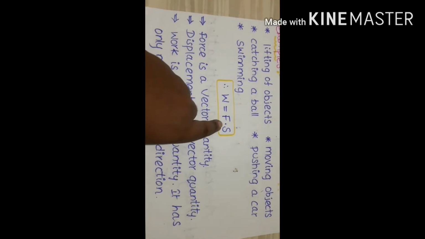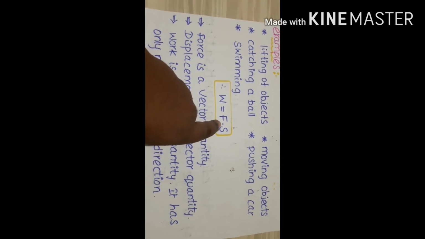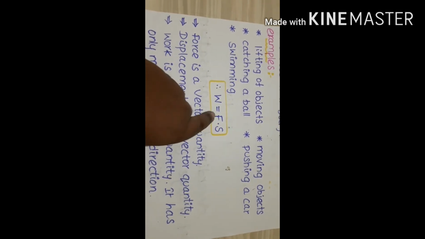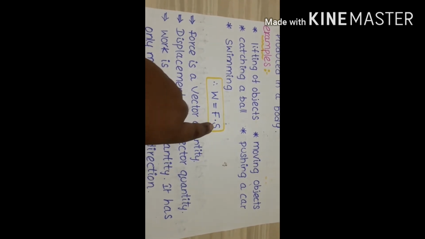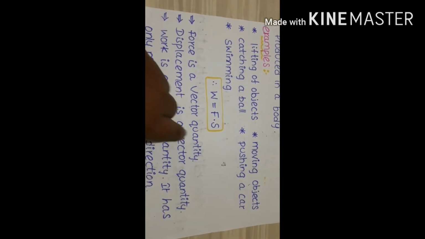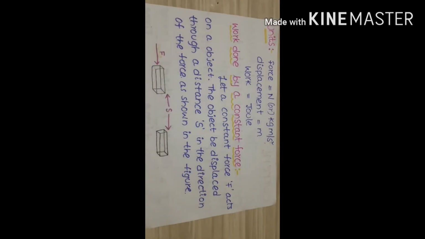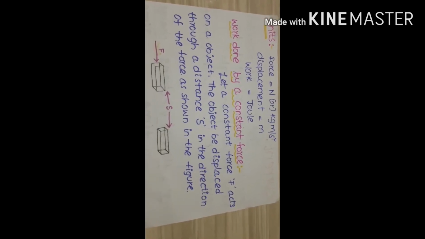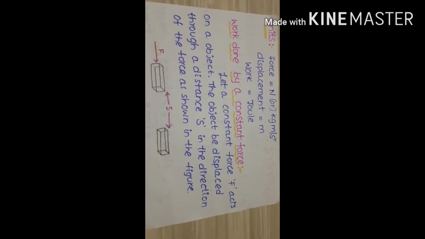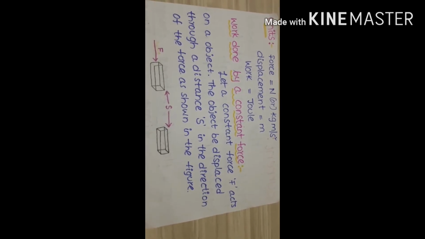Whenever we remove the dot, we substitute the cos theta term, because this is a scalar quantity. Next, the unit of force is Newton, the unit of displacement is meter.